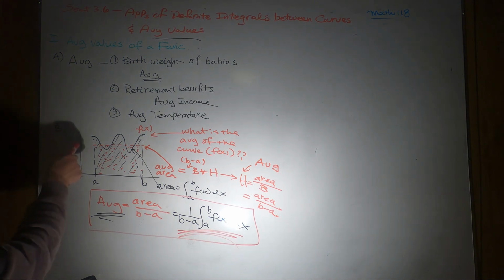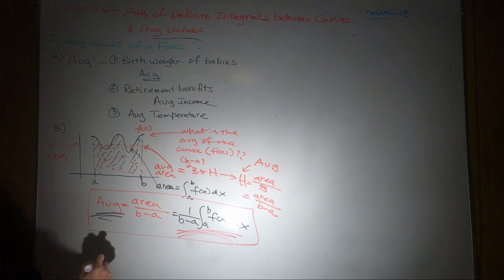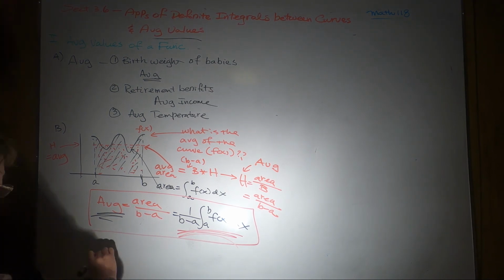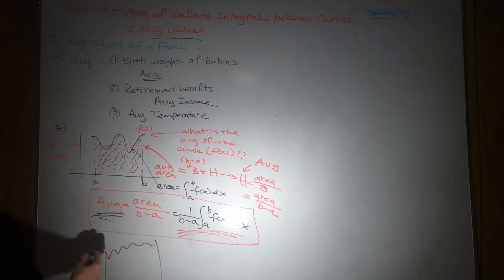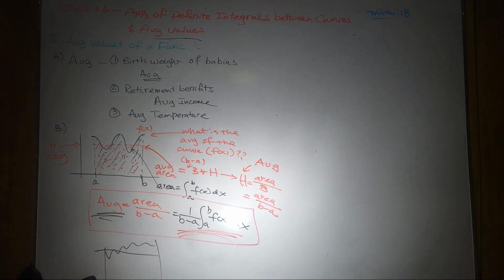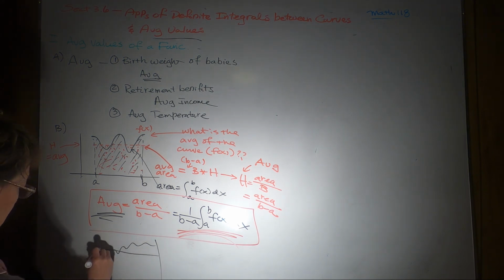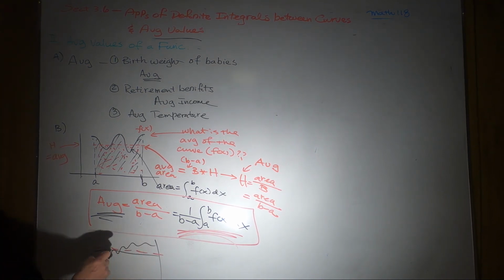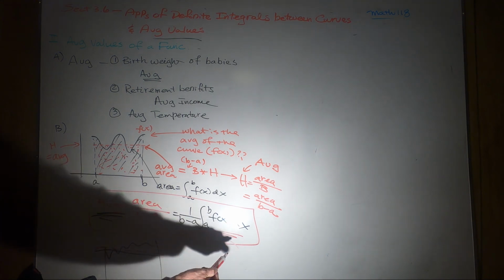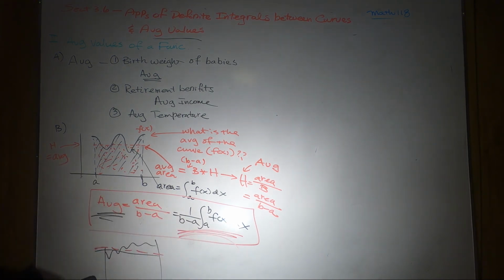If I want to find the line like this, if I have a function, find the average of this thing, here, right? That's my average. So all I need to do is what? Use the function, find the antiderivative, then divide by B minus A. Then I find my average. Okay?